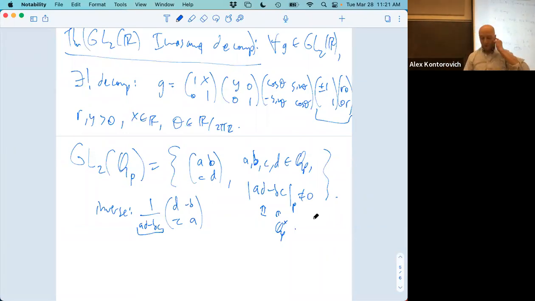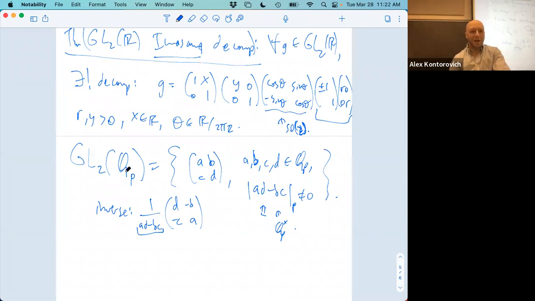What is the first step that I want to think about? Calling this an Iwasawa decomposition is kind of silly because it really is the QR decomposition in high school linear algebra. You multiply by a compact element, an orthogonal matrix, which is an element of SO2, and you get something nice.